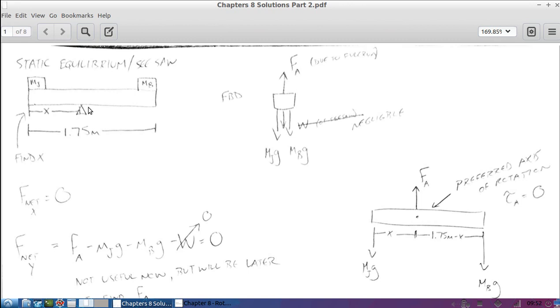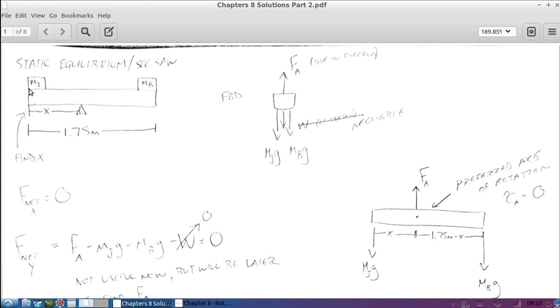So the first thing I do, I draw a free body diagram like I used to. Here is my free body diagram. This is just for my Newton's second law in the y direction. As you can see, we've got no forces in the x direction. Nobody's pushing or pulling on the seesaw. The forces that we have are the gravitational force due to John.